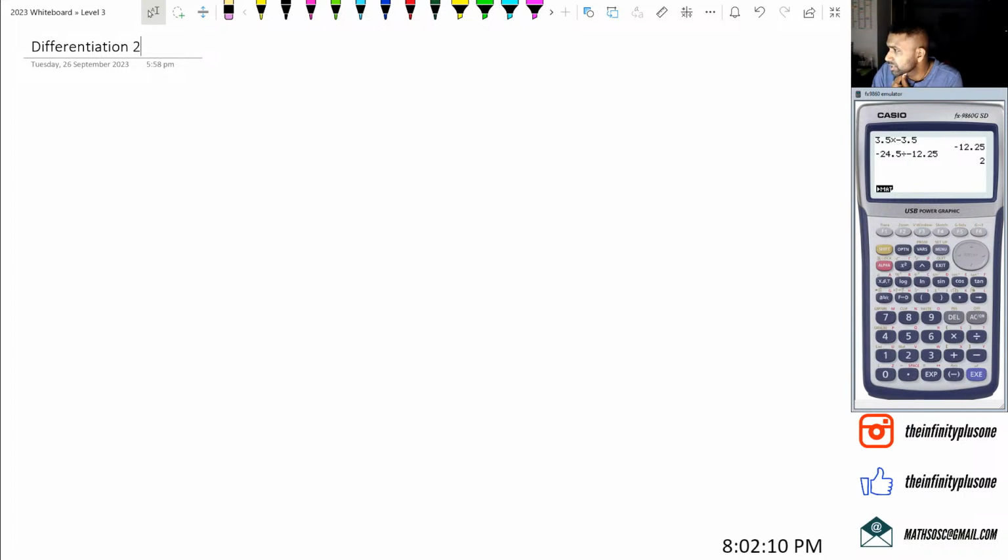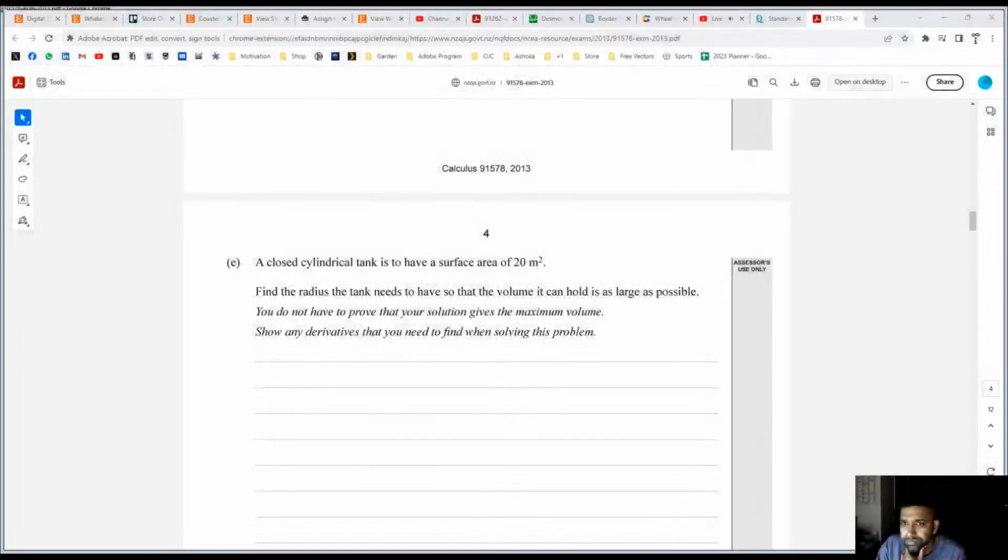I'm having a look at some questions from the 2013 paper, an optimization question. Something like this. Should we try that question? I'll change the numbers so that we can kind of work around it.